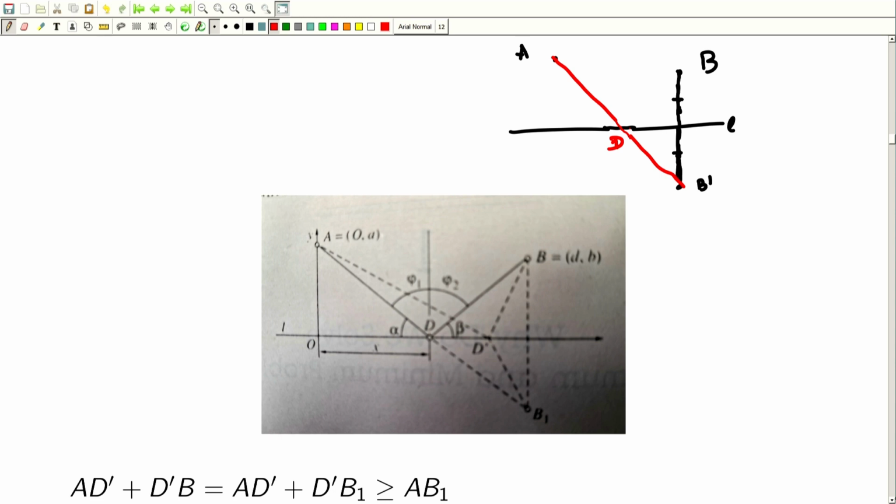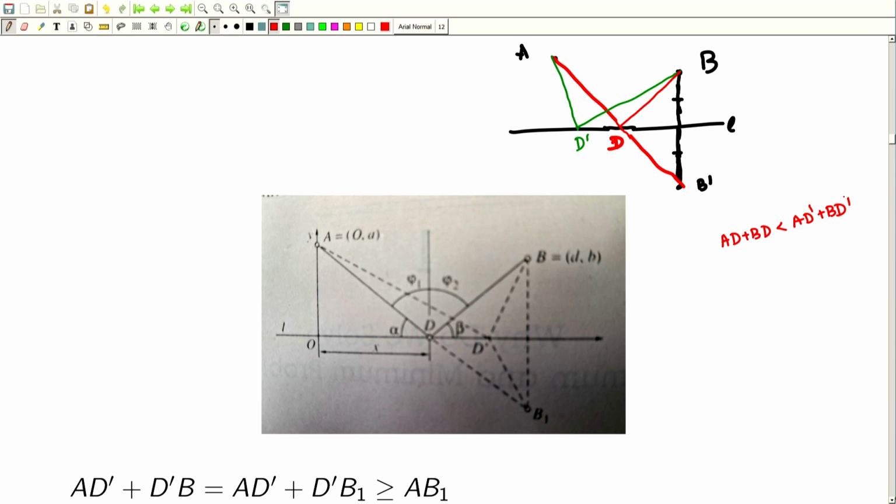Now you take any other point D prime. So, you have this. My claim is that AD plus BD is less than AD prime plus BD prime.